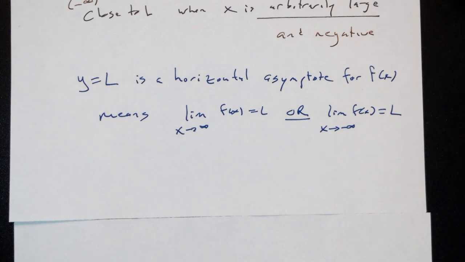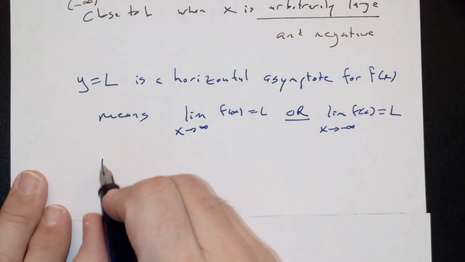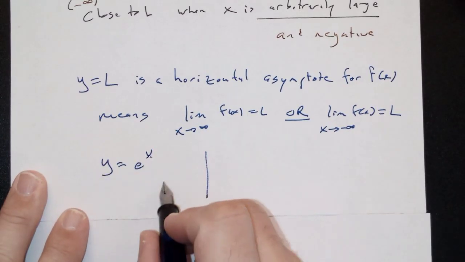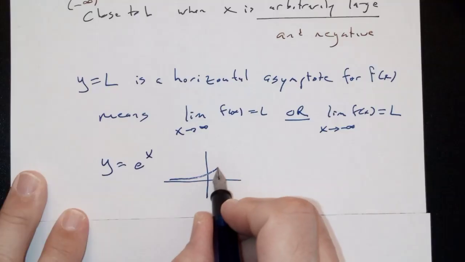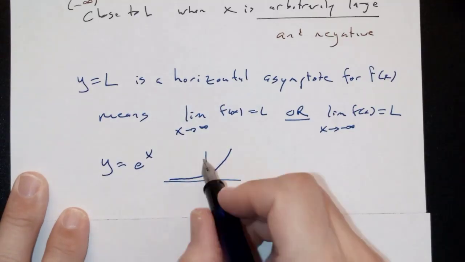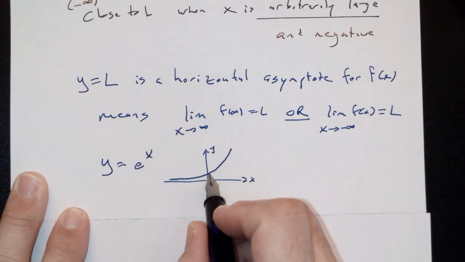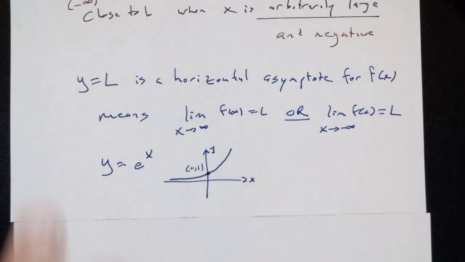Got to do the math dance again. What's this graph? An exponential function like e to the x. The graph of e to the x looks like that. That swoop there. And as we go off to the right, that gets bigger and bigger and bigger.